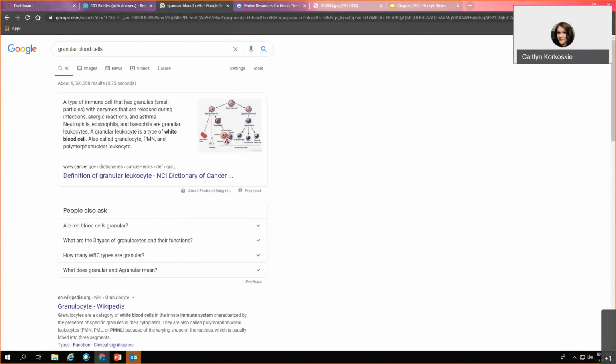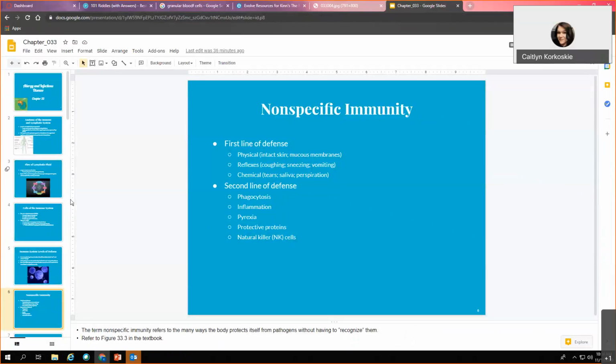Okay, so granular is a type of immune cell that has granules, or small particles with enzymes that release during an infection. So agranular means that they don't have those small particles with enzymes that are released. I was not quite sure how to explain that one.